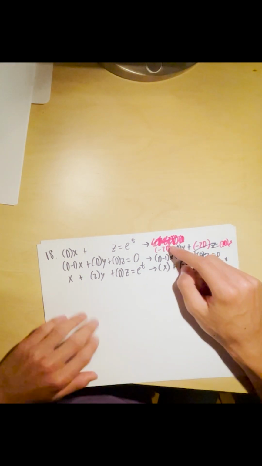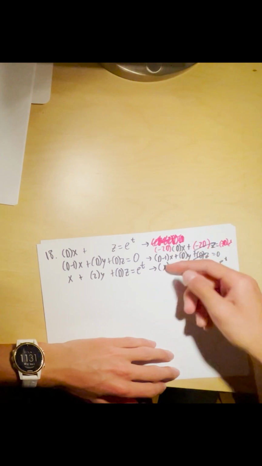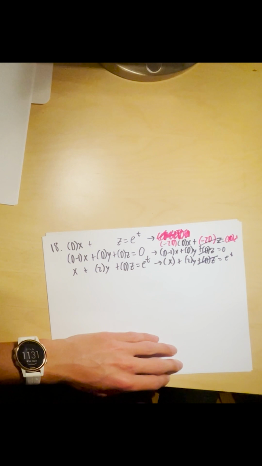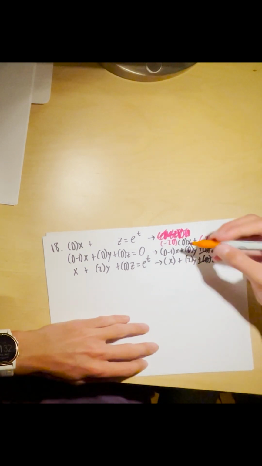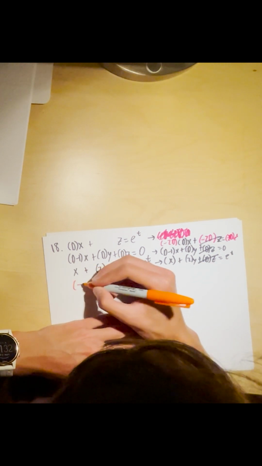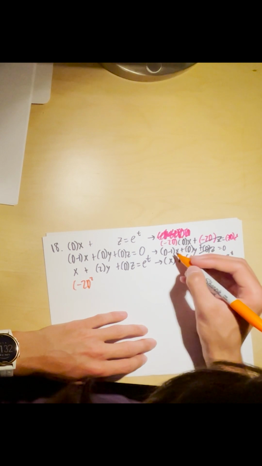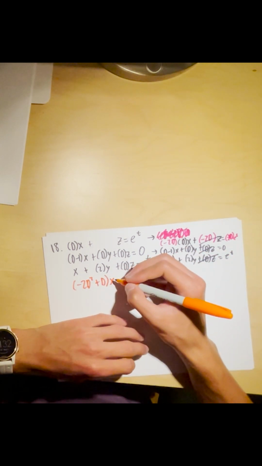When we combine our x terms, we have a negative 2D squared, a Dx, a negative x, and an x. So the negative x and the x are going to cancel. This leaves us with our first equation: negative 2D squared plus D of x.